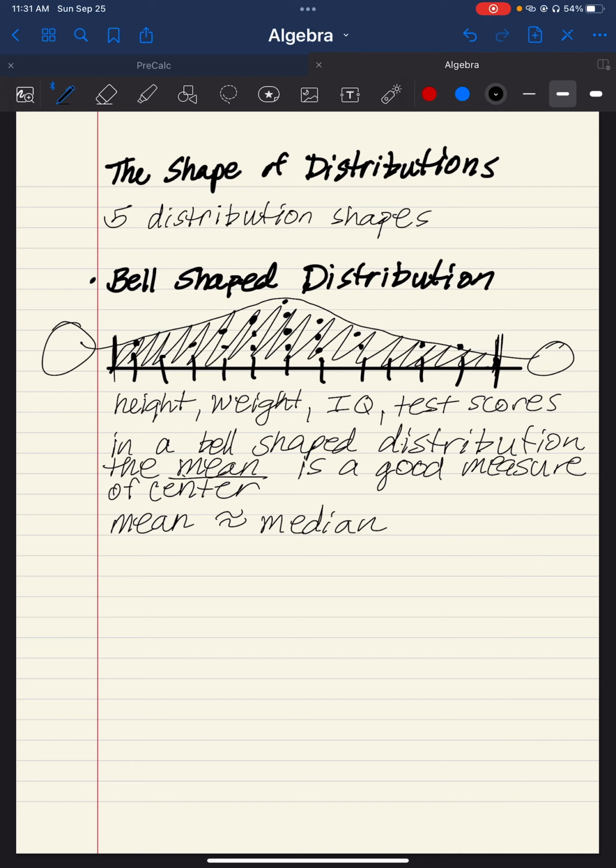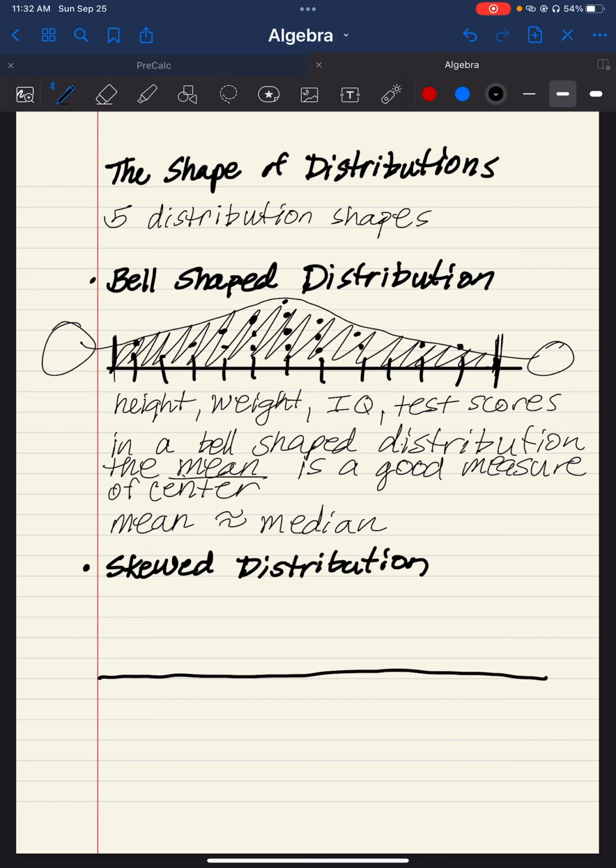Let's talk about the next type. The next type of distribution is something that is called a skewed distribution. Right? Skewed distribution. What does that look like? Again, we're giving ourselves a number line to work with. We're going to mark it off. It doesn't matter what those numbers are, as long as they're even intervals.